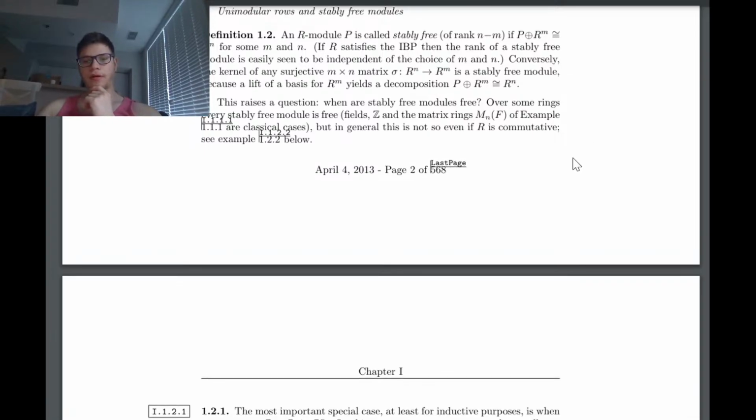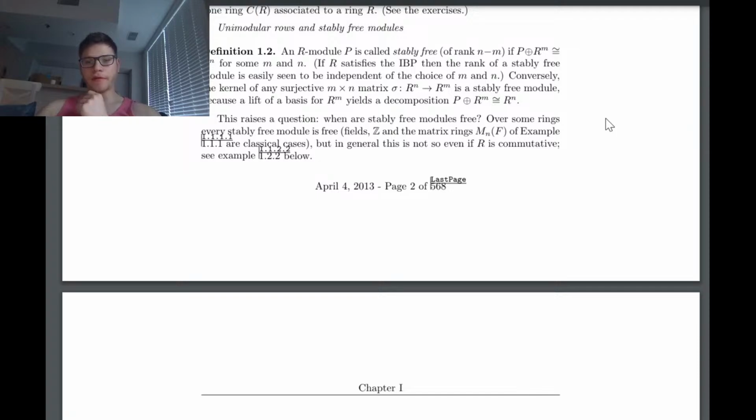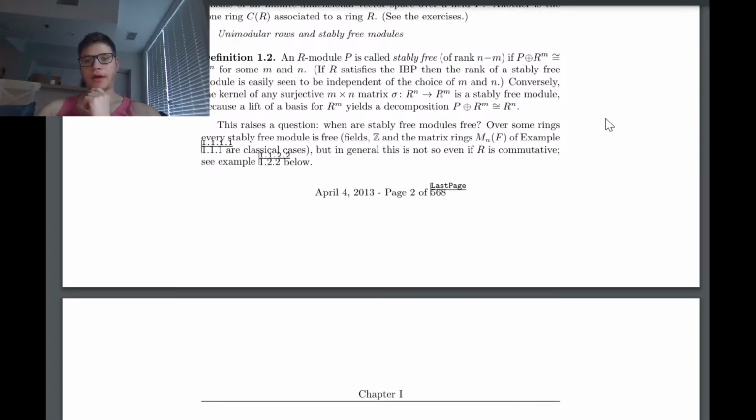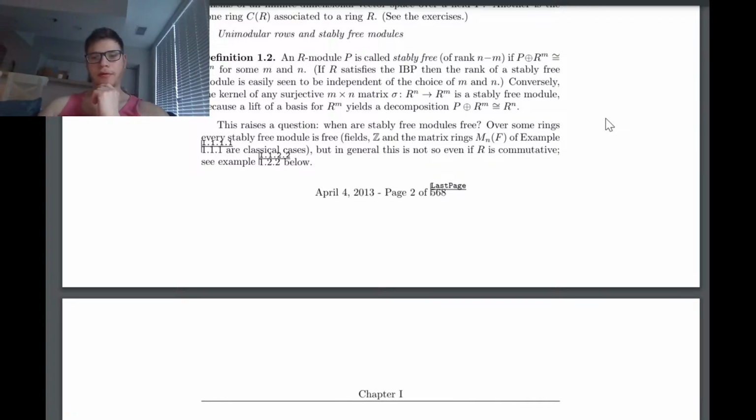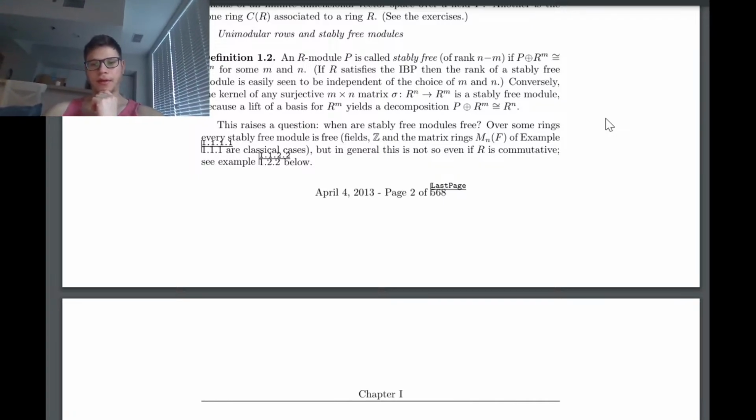So the kernel of any surjective matrix, m by n, is a stably free module because a lift of a basis of R^m yields a decomposition. If I have a map from R^n to R^m, these are free modules, of course, and it's surjective, so there's a section.